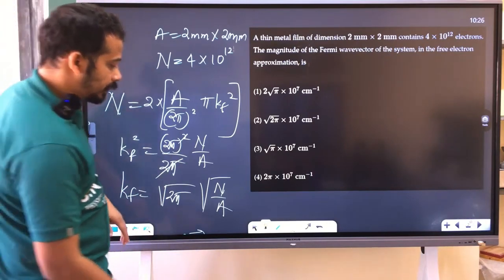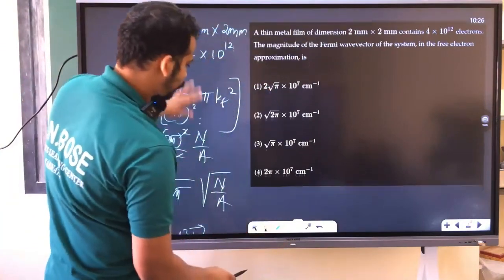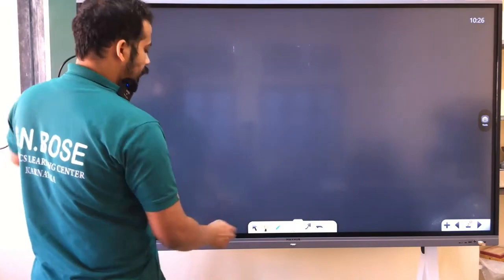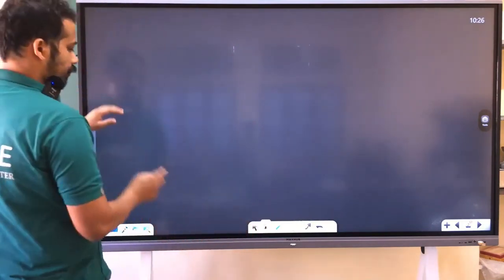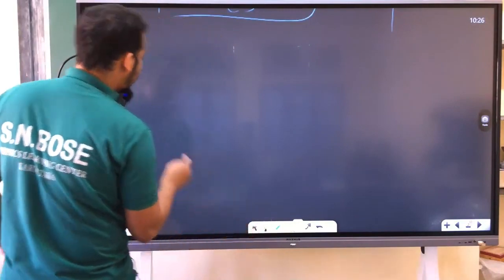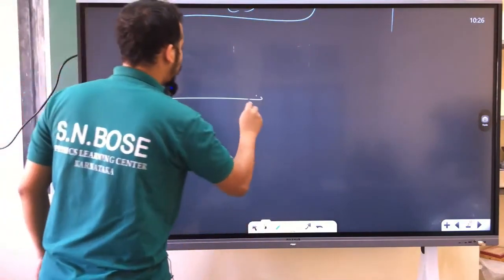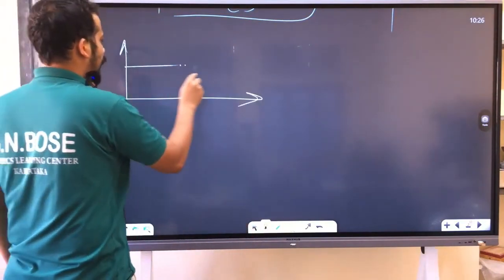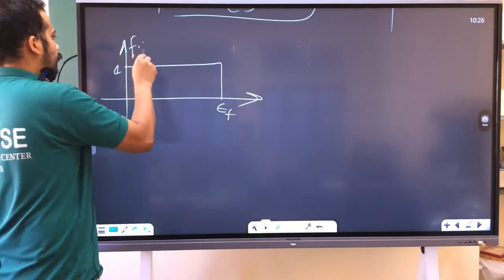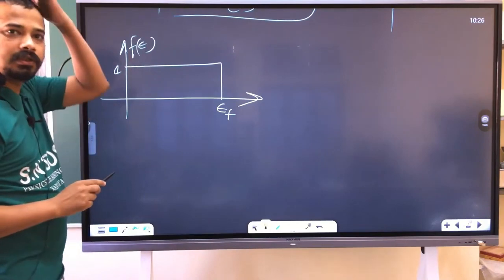No, what I'm saying here is, in this expression we think only about energy, am I right? At 0 degree Kelvin, EF here, F of E here. We think only about energy here, isn't it?